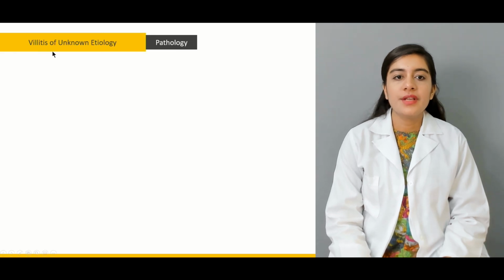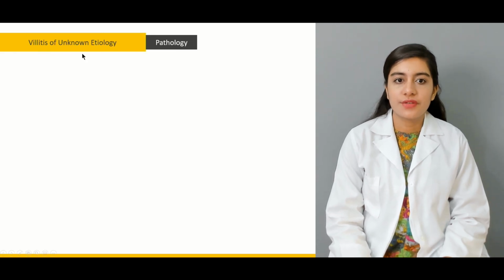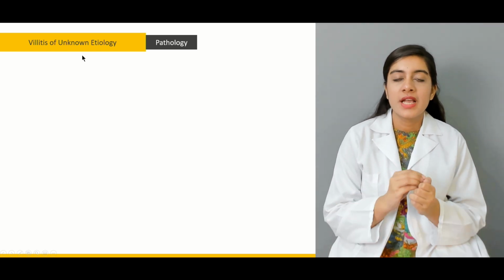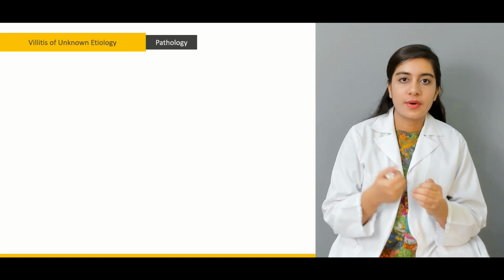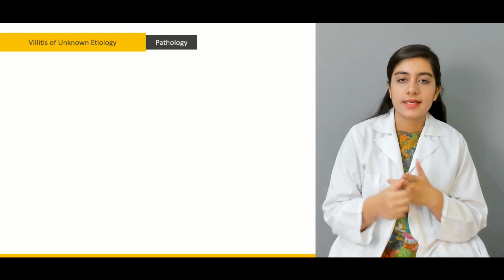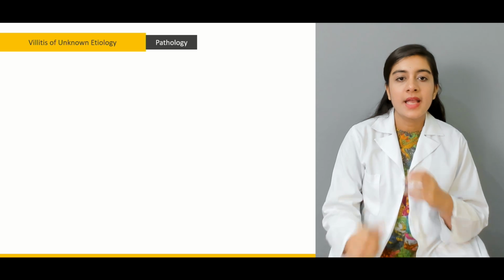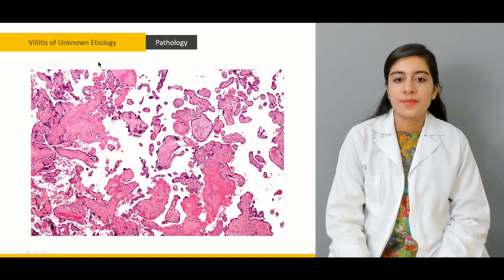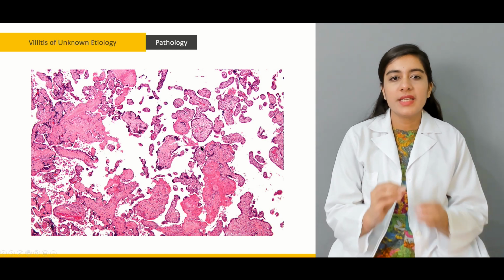Okay, now we have Villitis of unknown etiology. First, we studied Villitis that had so many etiologies. In the whole list we studied, there were bacteria, parasites, viruses, and fungi, and now we have a Villitis that has no etiology. Now, in this diagram, we are seeing necrotizing changes over here, if you can appreciate them.